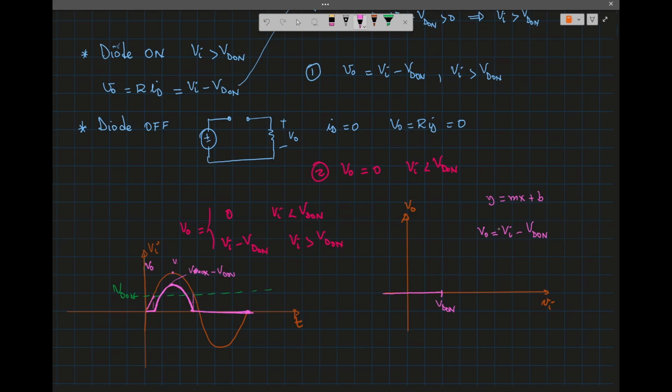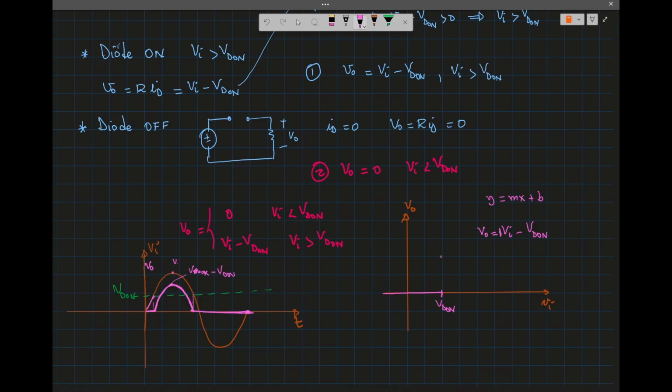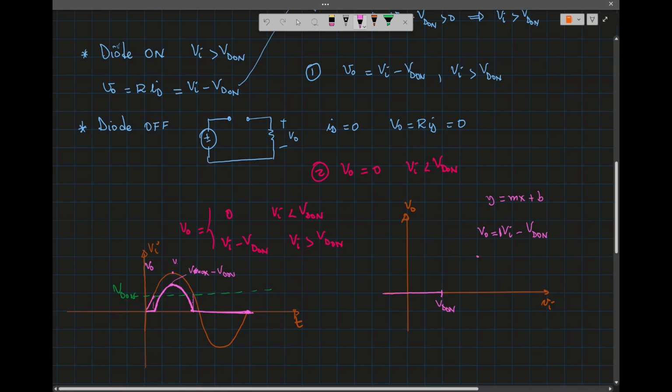So the slope M is equal to 1. So that means when I sketch this, the graph will have slope 1. Okay, so the slope is 1.